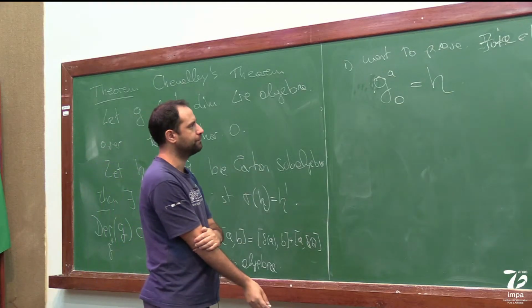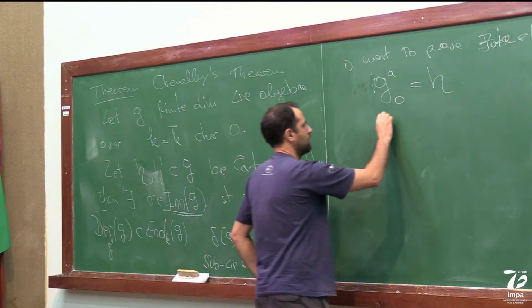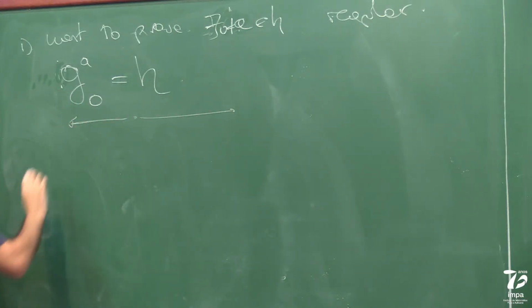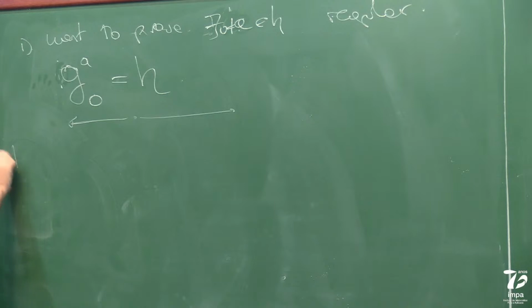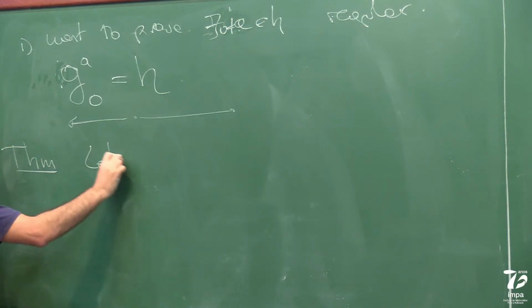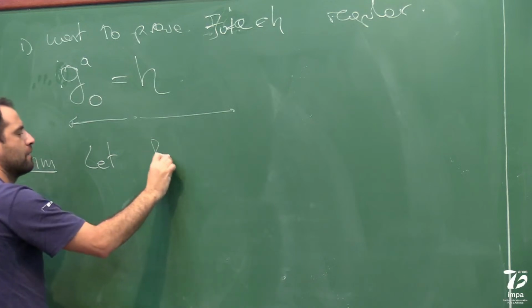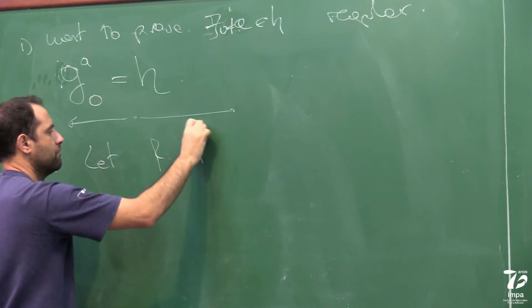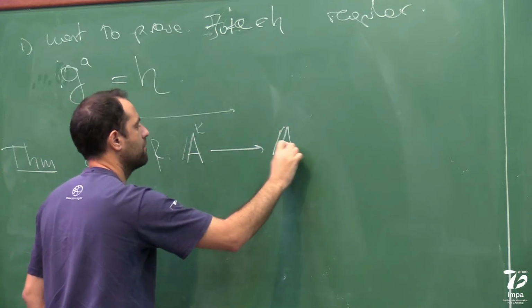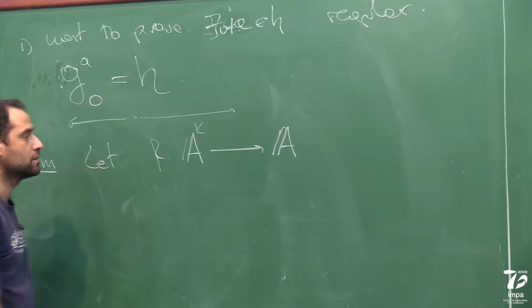Okay, so here's the strong theorem from algebraic geometry that I'll use, and I'll prove this later. So theorem. Let F be an algebraic morphism from the affine space on K elements to the affine line.